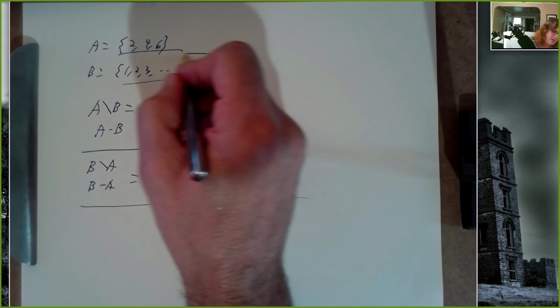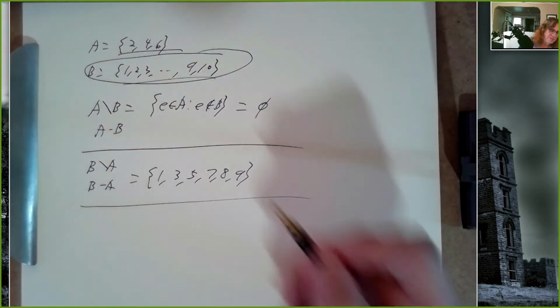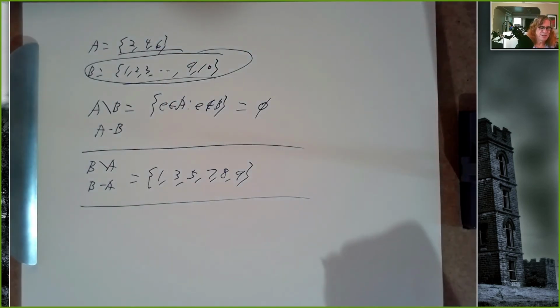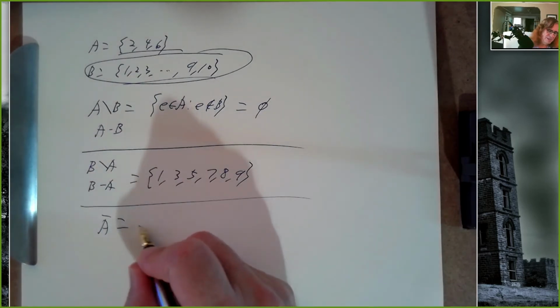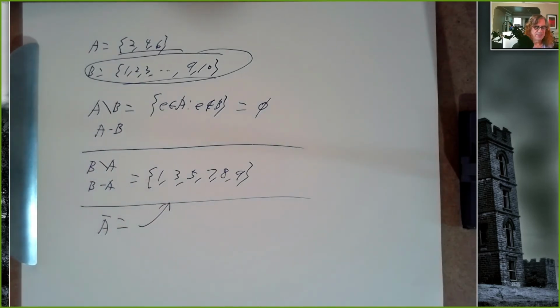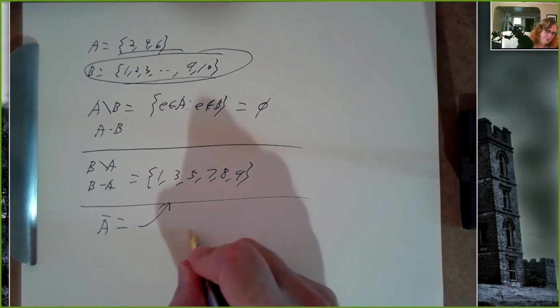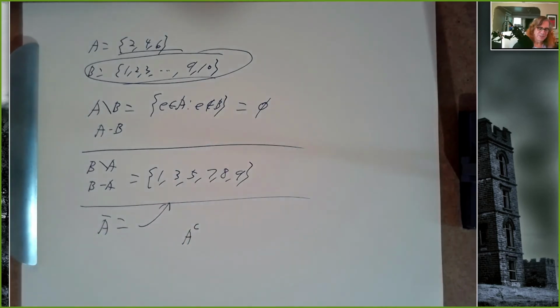If this is our entire universe, if our whole life is only 10 integers, 1 through 10, we can just write the complement of A, and it's everything that's not in A, where everything means everything in our universe, everything in B. And you'll also see the notation sometimes in print, A with a little c on top. That means the complement of the set.